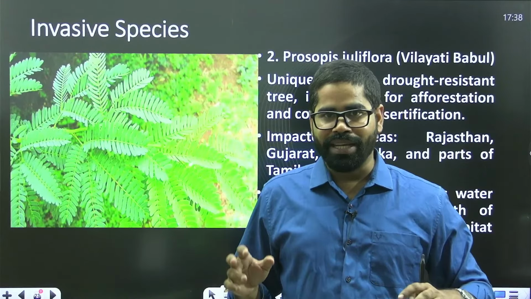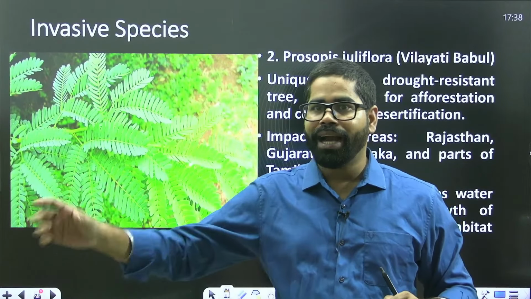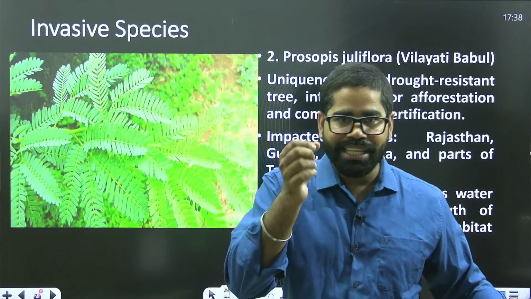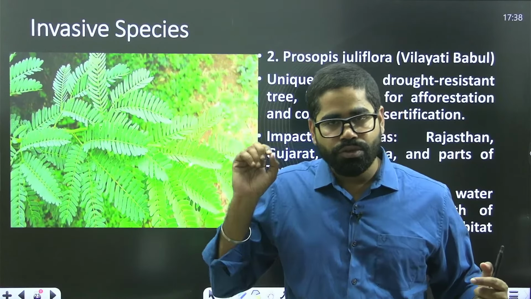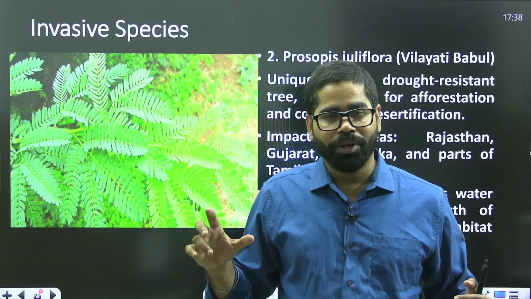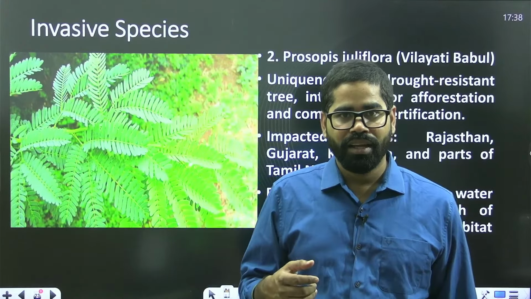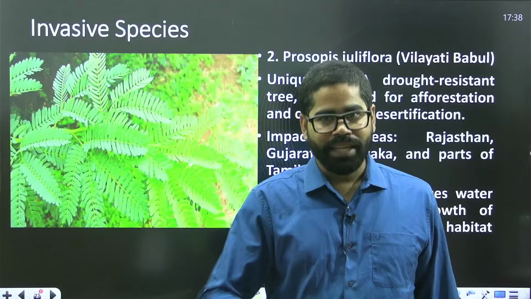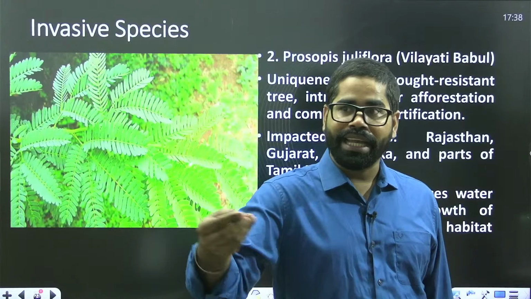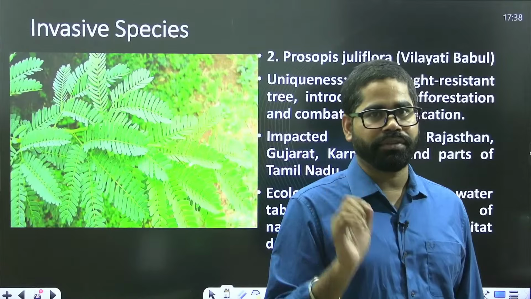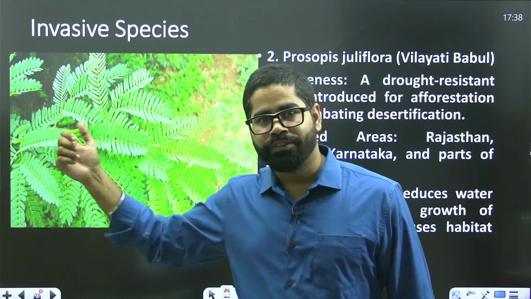The problem is not that you have to add this plant. It can randomly grow from its seeds, and it has so much regrowth potential that even if you cut it, it will again grow from there. Unless you remove the roots, there is a chance that it will grow.